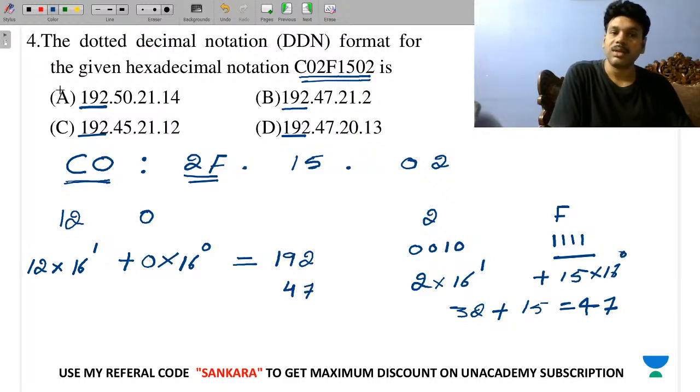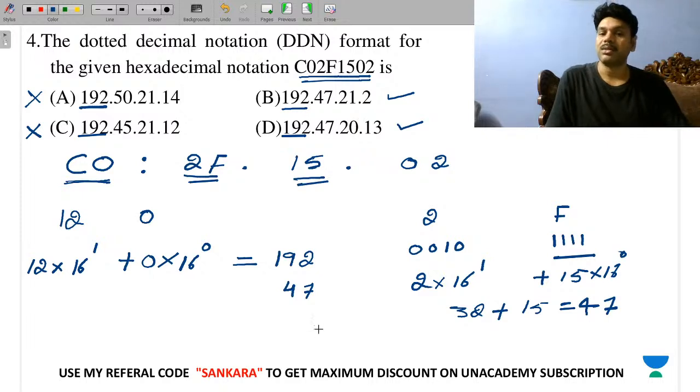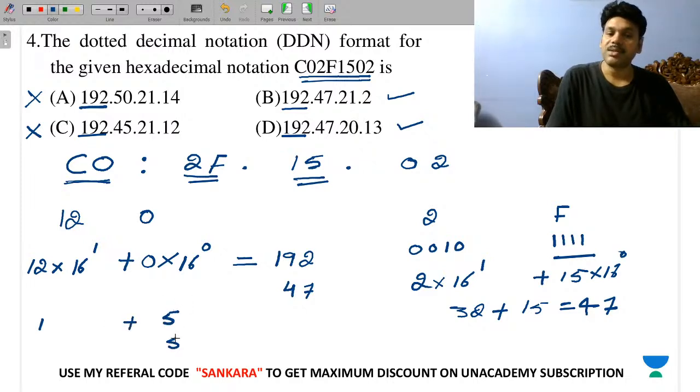Now you check, this answer is wrong, this answer is wrong, maybe this and this. So we will confirm with the third one. What is that? So 1 and 5, 2 hexadecimal digits, it's not 15, please understand. So 1 and 5. So my dear friends, 5 into 16 power 0 plus 1 into 16 power 1.